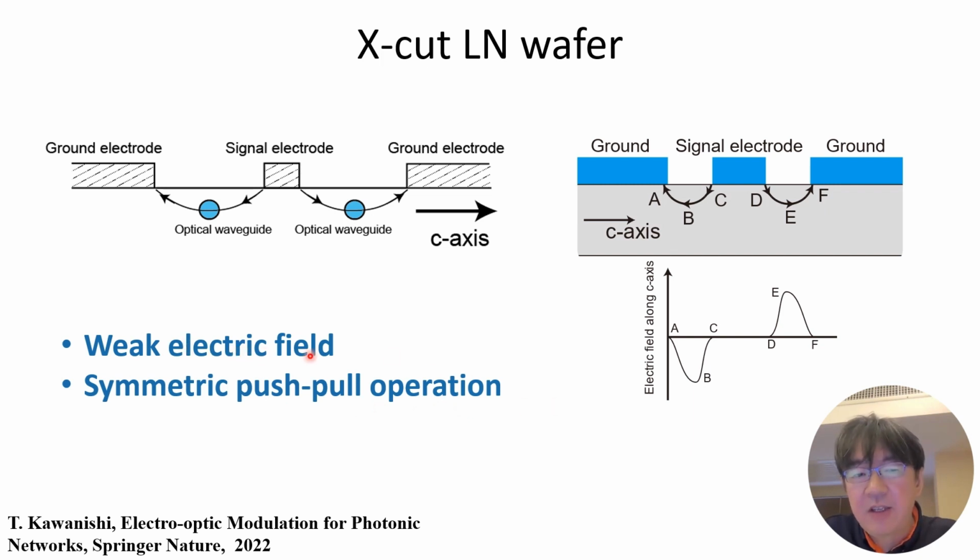But the electric field is weaker than in Z-cut. This is an issue. So if we want to get the symmetric push-pull operation, normally we have to use the X-cut. If we want to increase the modulation efficiency, we can use a Z-cut wafer.